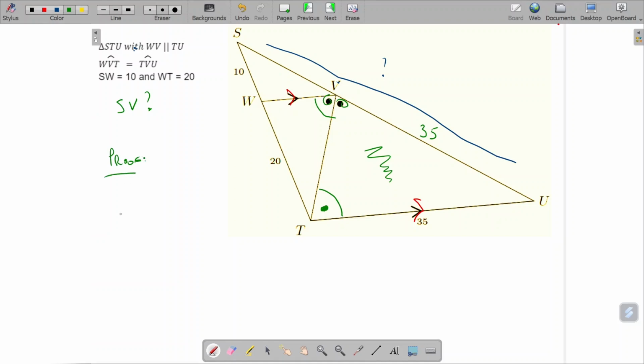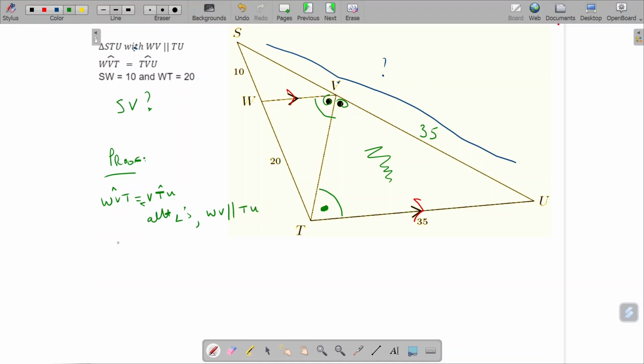Okay, we said firstly that angle WVT equaled angle VTU, alternate angles on parallel lines. WV was parallel to TU.